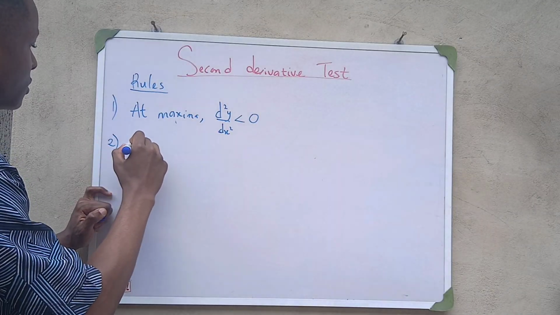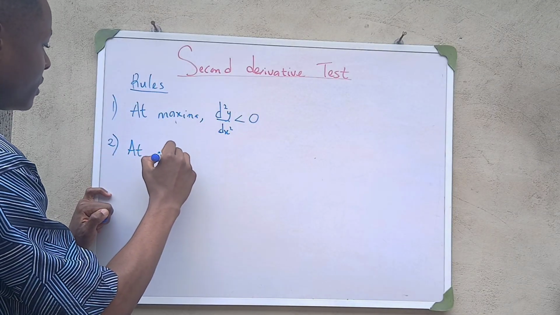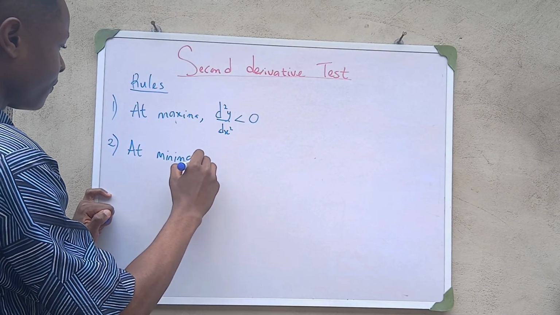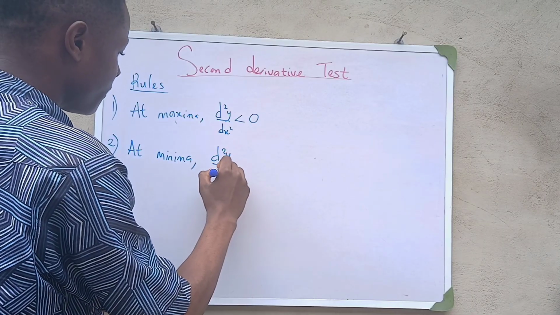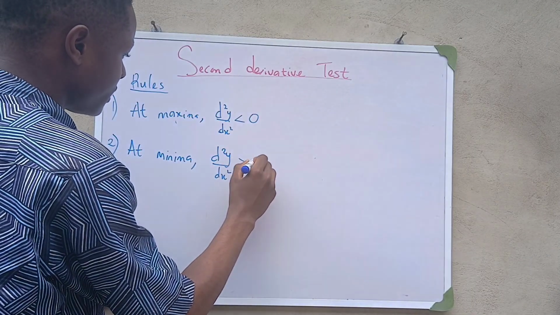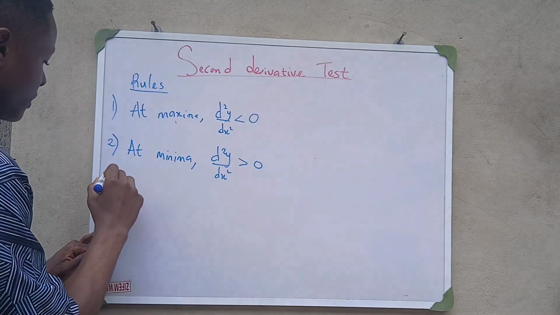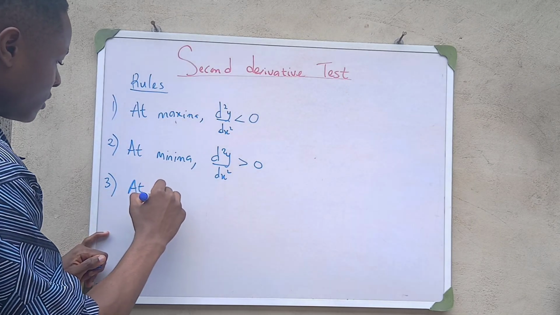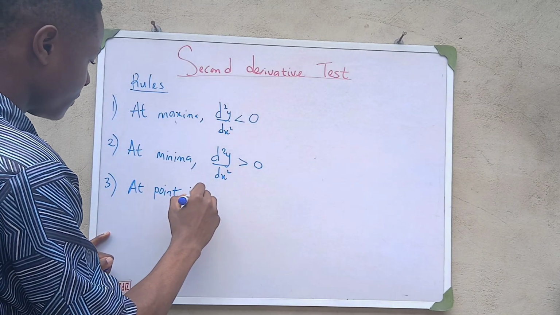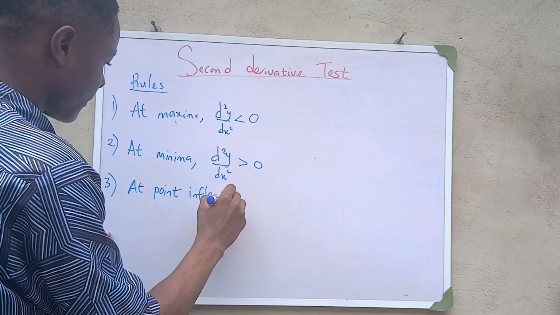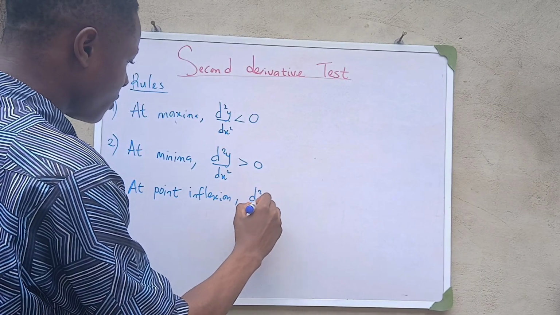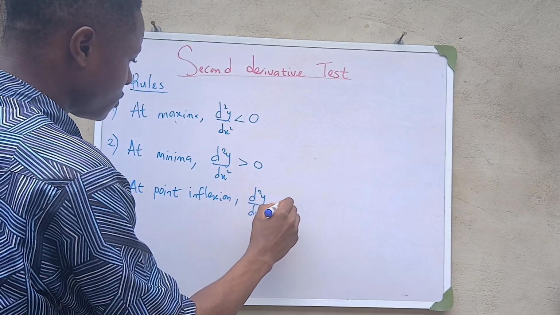Number 2: at minima, d²y/dx² is greater than 0. Number 3: at a point of inflection, d²y/dx² is equal to 0.